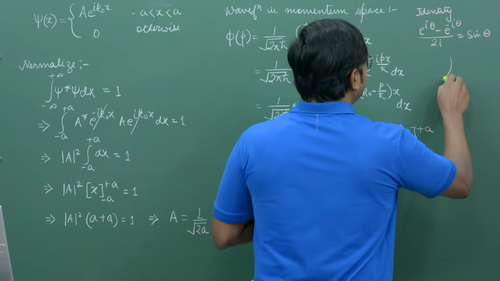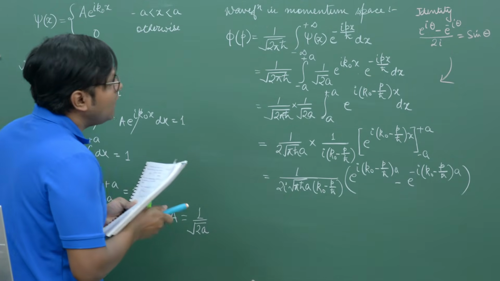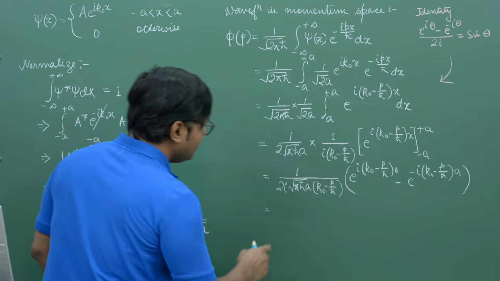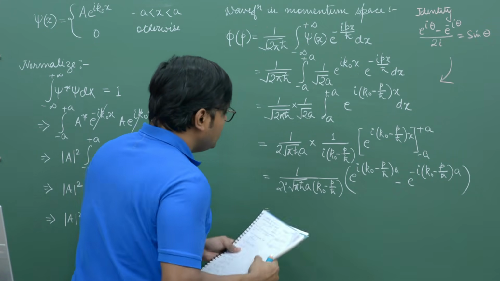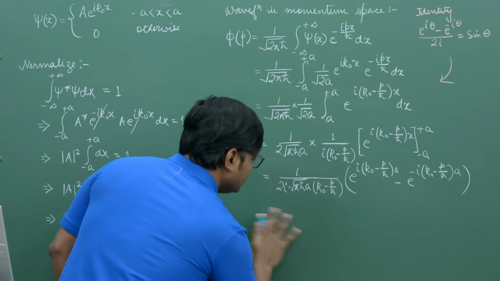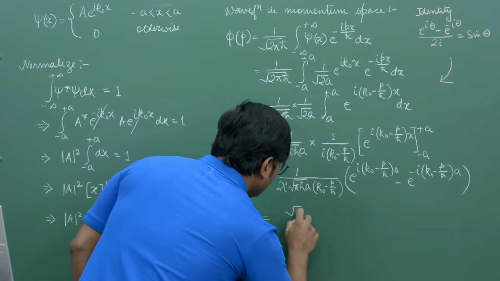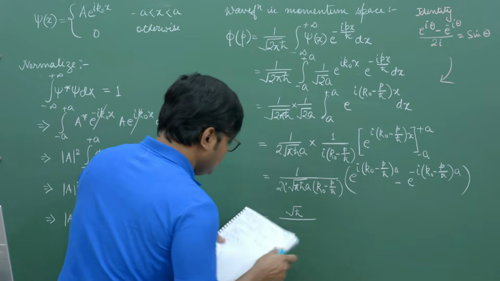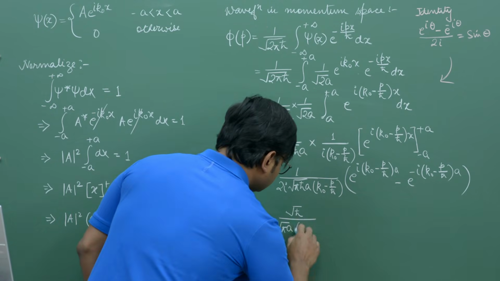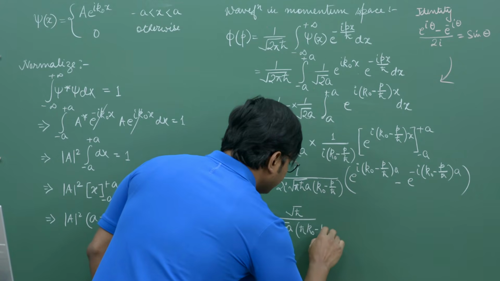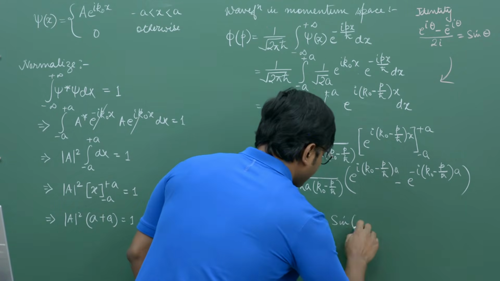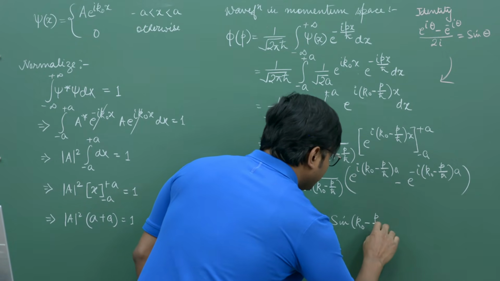So if I use this here, 2 iota will get absorbed, and if I write h cross times k0 minus p upon h cross, then root over h cross will get cancelled, and the final expression will come out to be root over h cross, and then you have root over pi a, and then h cross k0 minus p, and here you have sine of k0 minus p upon h cross a.